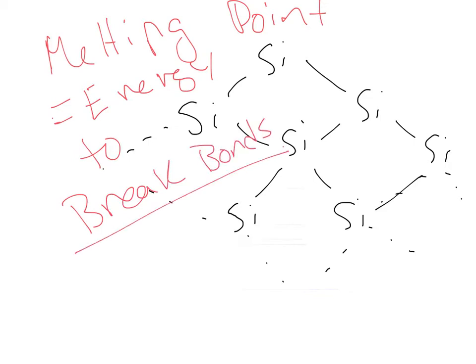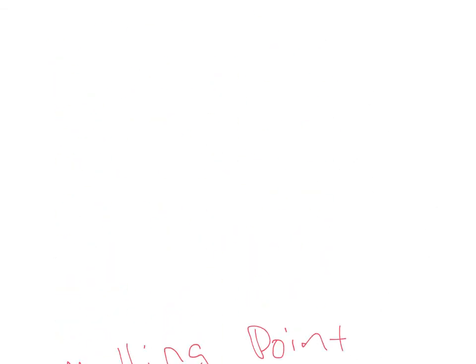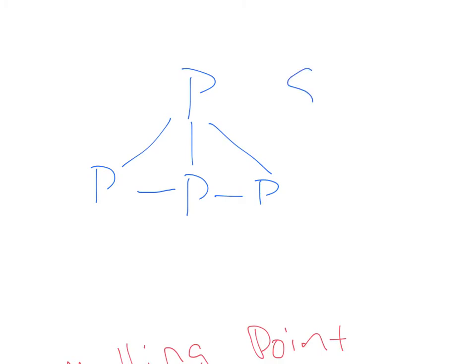As soon as we get to phosphorus, P will generally just be bonded to three other phosphoruses like that. Sulfur forms kind of a crown.